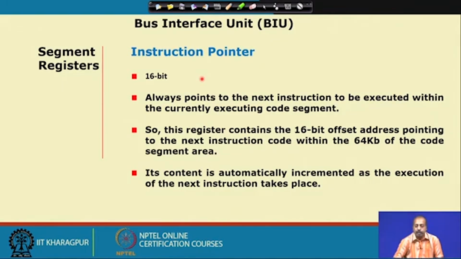Only the IP value is updated, so that it can go to the next instruction without affecting the CS register. This register contains the 16-bit offset address pointing to the next instruction code within this 64 kilobyte code segment area, and its content is automatically incremented as the execution of the next instruction takes place.